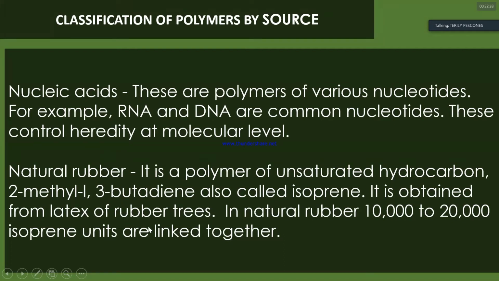Okay, it is obtained from latex of rubber trees. In natural rubber, okay, take note, there are 10,000 to 20,000 isoprene units that are linked together. So again, it is 2-methyl-3-butadiene o ibig sabihin, alkene ulit siya. Ibig sabihin, meron siyang double bond.